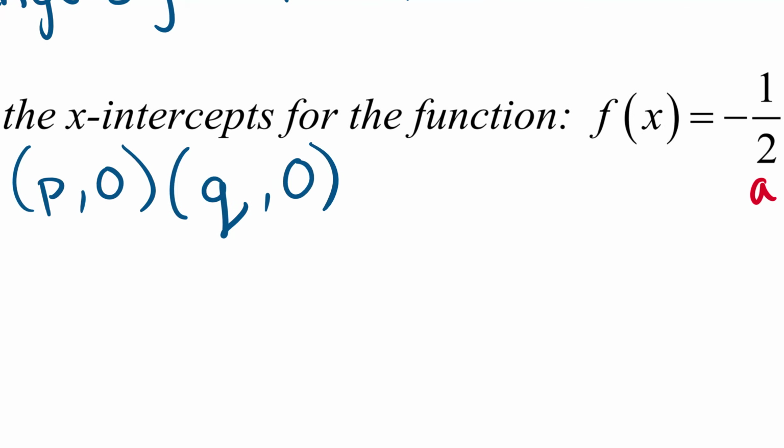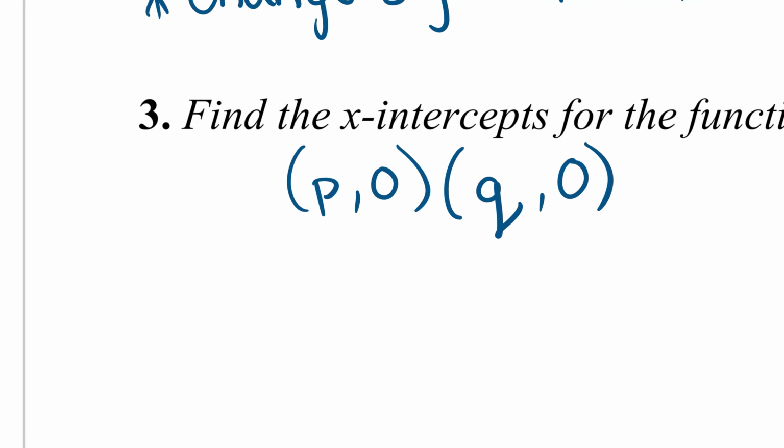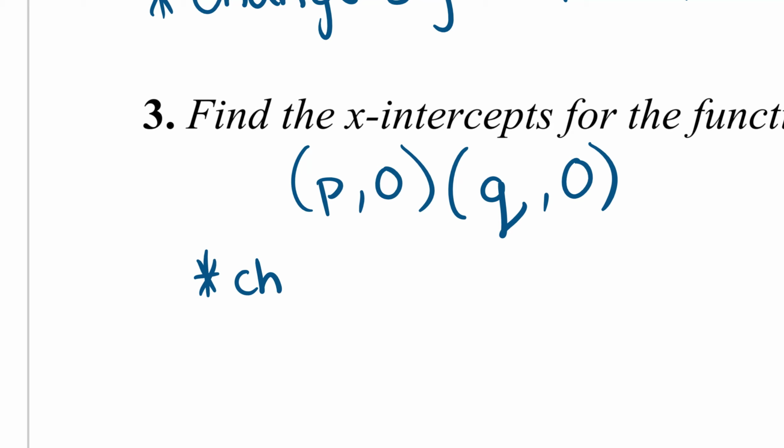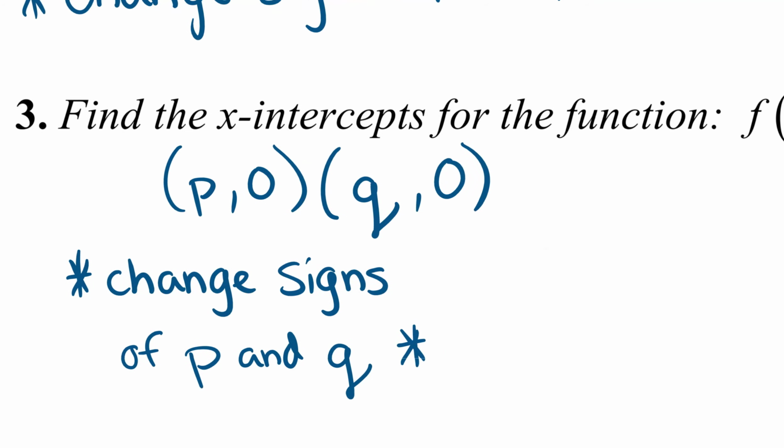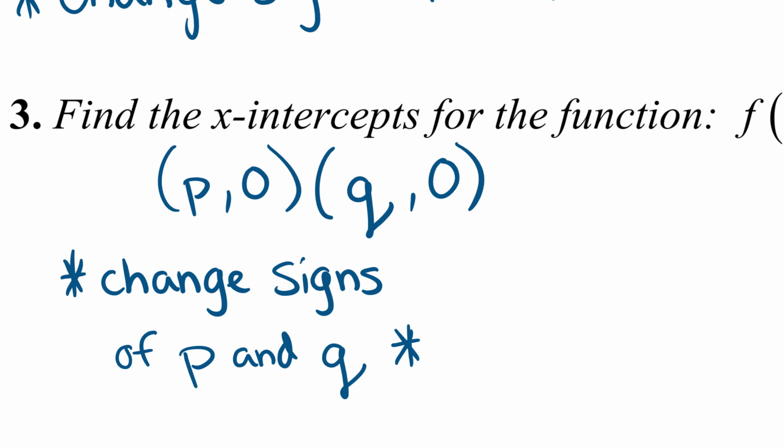And then of course you always change the signs of p and q. So whatever p and q are in the equation, I flip the signs for both, and that's my x-intercepts. And it's always (p, 0), (q, 0).